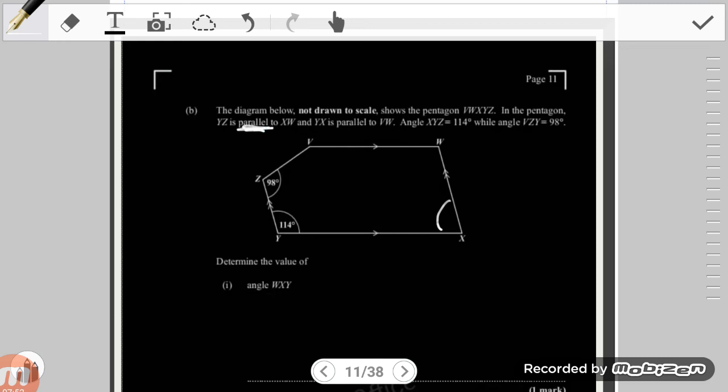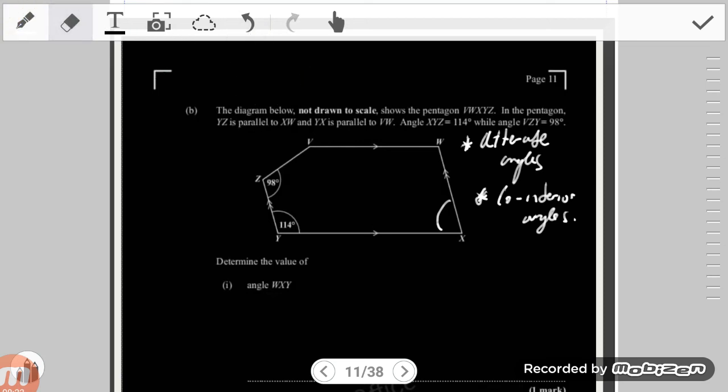Once I see parallel lines, there are two things that come to my mind, which should be coming to your mind: alternate angles, and another thing, co-interior angles. What I'm doing is using the clue given in the question to identify key points that I'm going to have to be using.